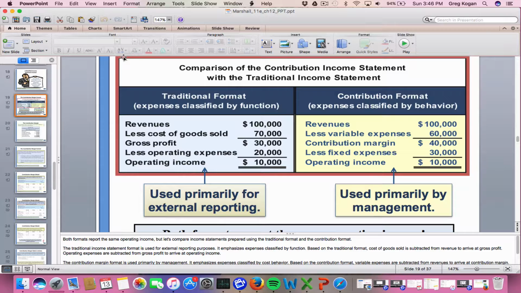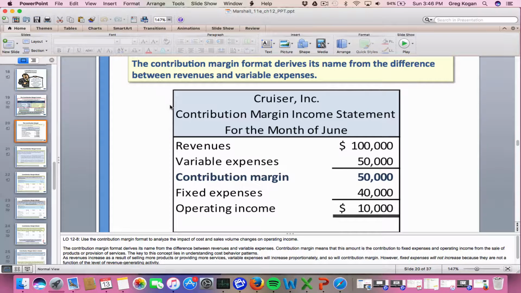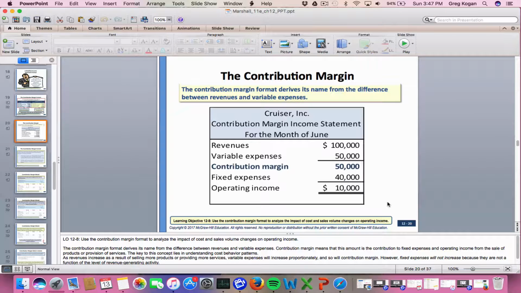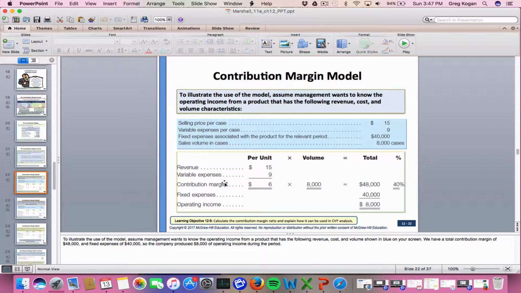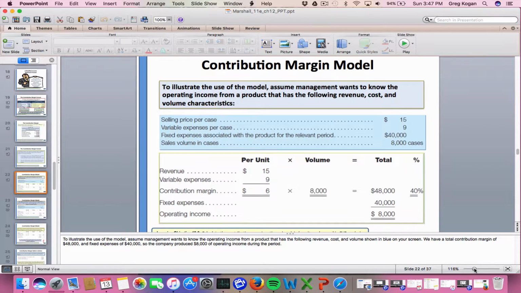So if we're going to form our contribution margin statement, this is how we look at it. And the example I want to focus on looks at selling price per case, variable cost per unit, total fixed expenses, and sales volume.